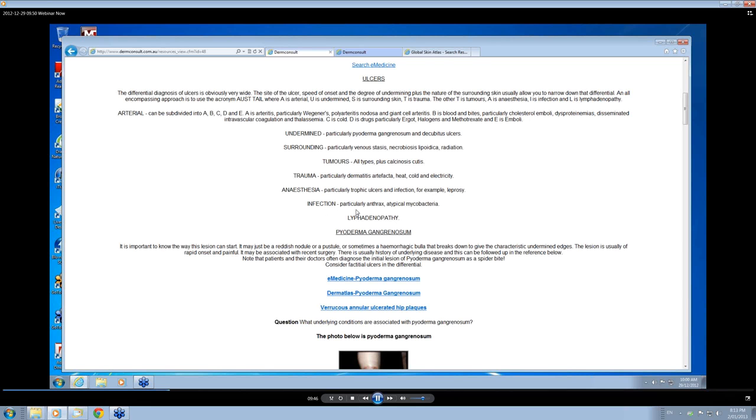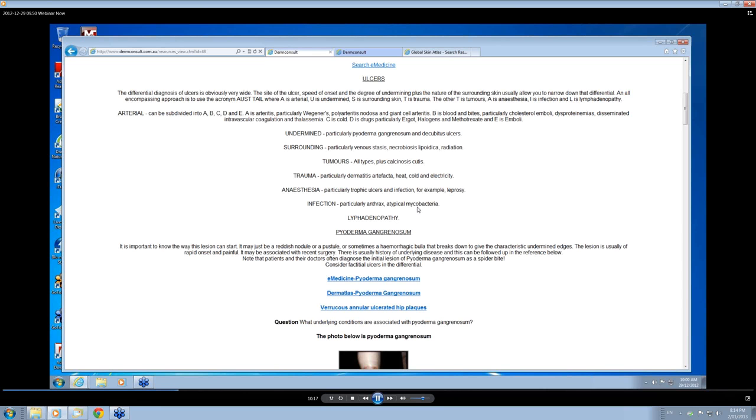Then infection causing ulcers. I mentioned atypical bacteria. I mentioned Vibrio that you might pick up from a shellfish injury if you've been walking in an estuary. And what's the other one that gives ulcers? Watch Pseudomonas. Pyoderma gangrenosum-like ulceration due to Pseudomonas, that would be the ulceration. Another one I was thinking about, mucor.